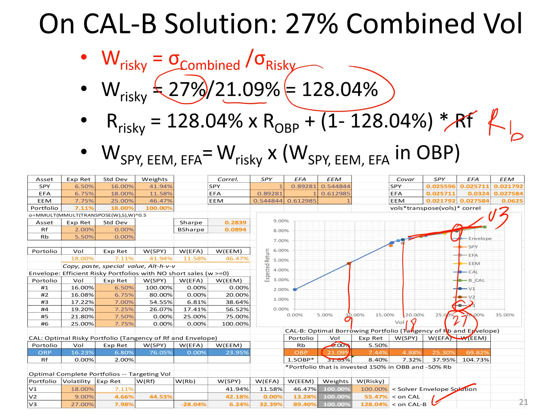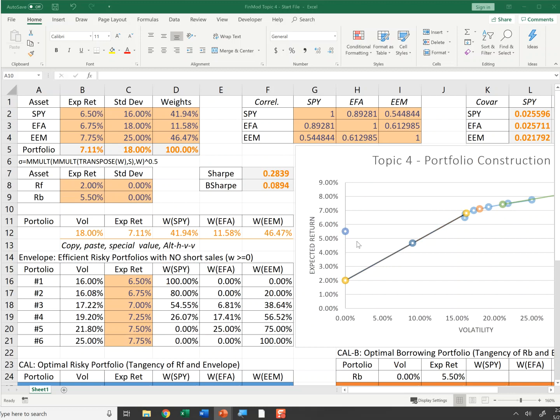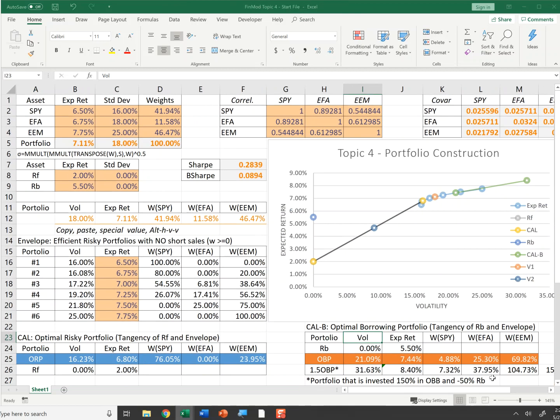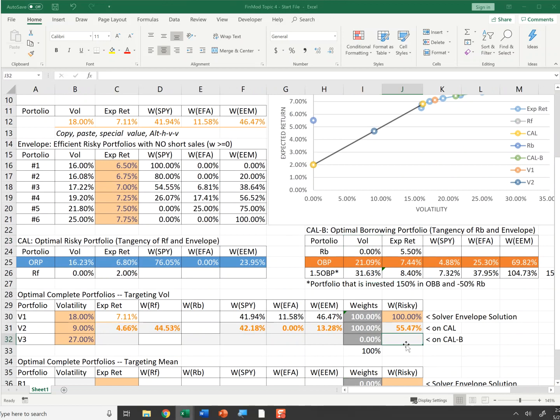So let us construct that portfolio in Excel. Come down over here. I'm going to take my 27% targeted vol portfolio divided by the vol of that portfolio. That is my 128%, which means 1 minus that is in borrowing, so negative 28% in borrowing.